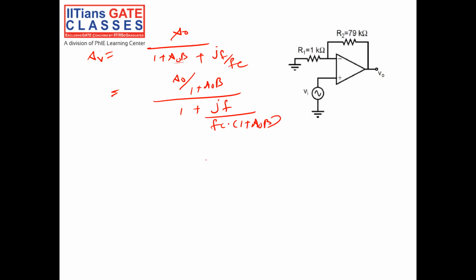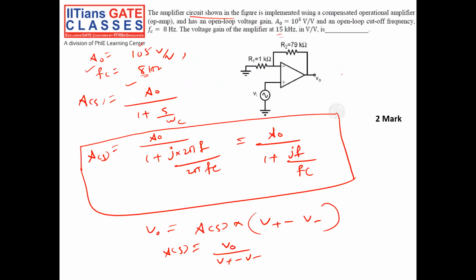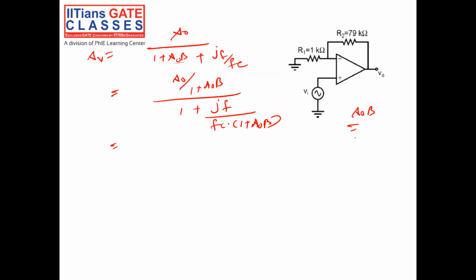A0 is given as 10 to the power of 5, and beta is 1 by 80, so A0 beta is 10 to the power of 5 by 80, which is very much greater than 1. So I can neglect this one.